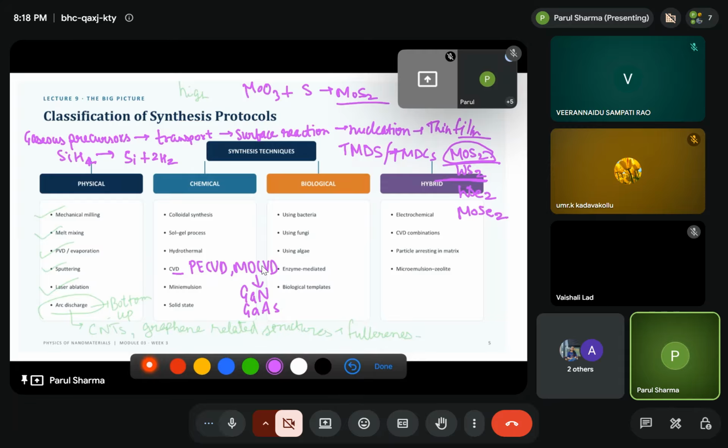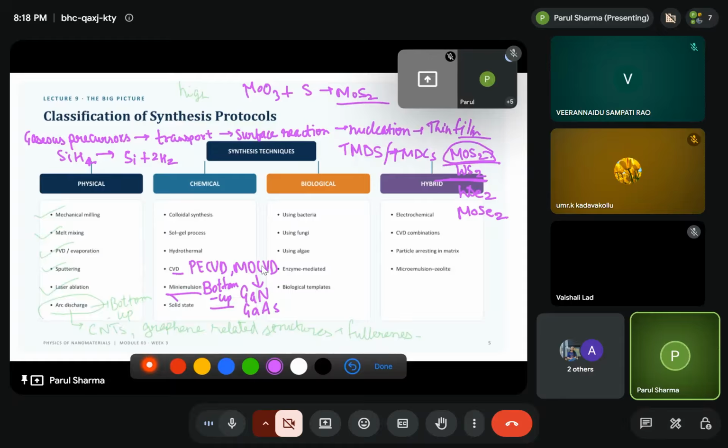mini emulsion method. In this method, it is also a bottom-up colloidal method which we use to prepare nanoparticles by creating a very large number of stable droplets of one liquid dispersed in another immiscible liquid.